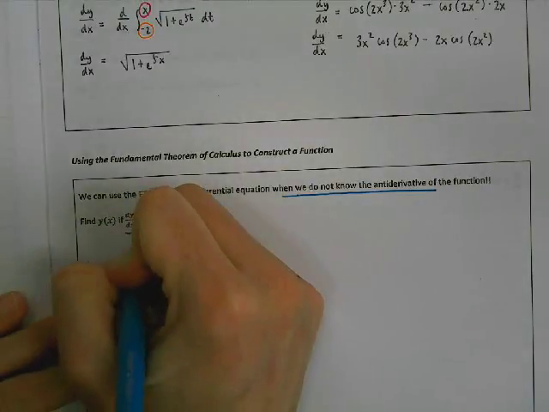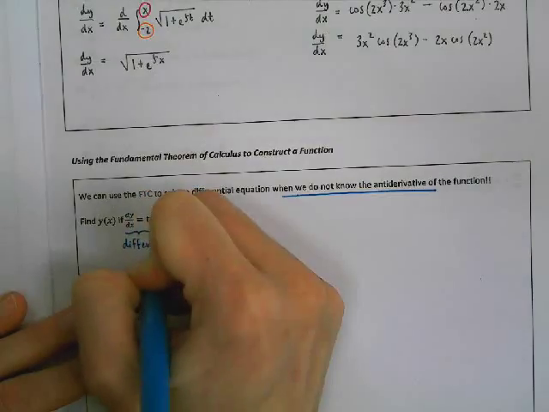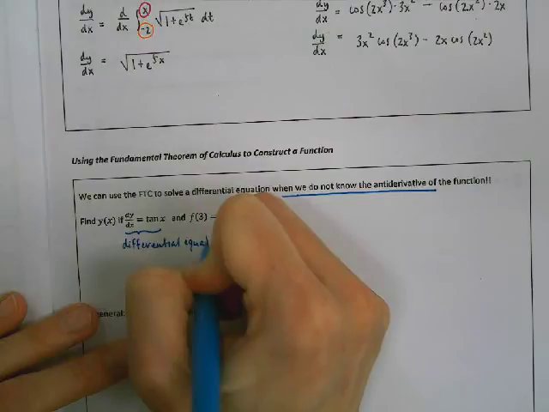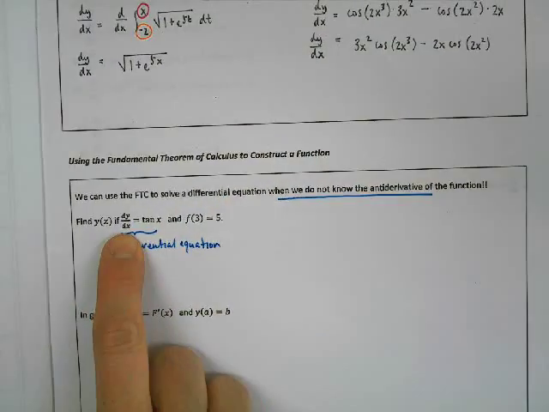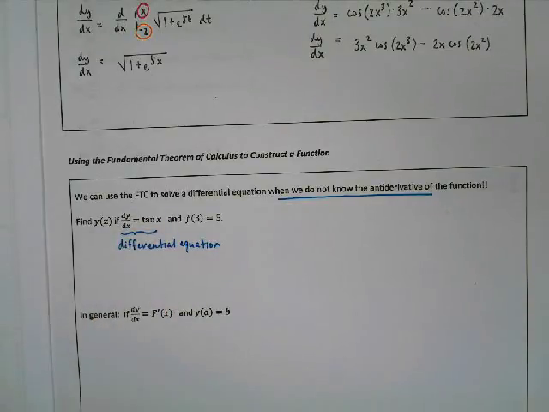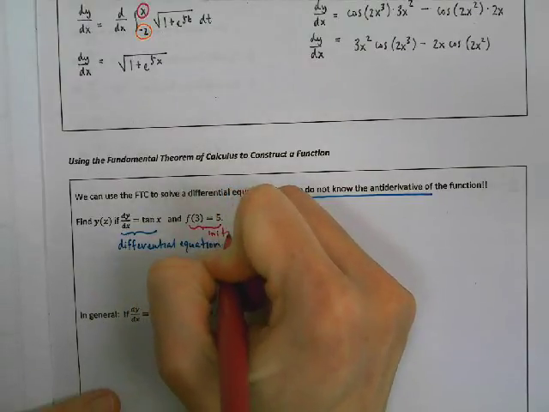Okay, so here, just to make a few notes, here's our differential equation. I recognize that by the dy dx. This one is not separable. It's just in terms of x, so it's pretty basic. And then here, we have an initial condition.